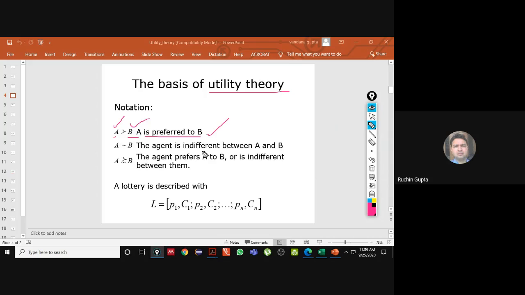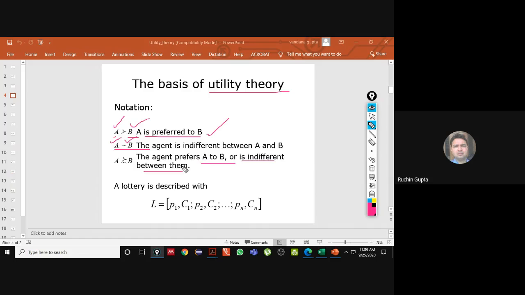And if the agent is indifferent between A and B, then we will write A tilde B. It means that the expected utility of both the actions A and B is the same, and that's why the agent does not distinguish any difference between actions A and B. A greater than or equal to B means the agent prefers A to B or is indifferent between them.